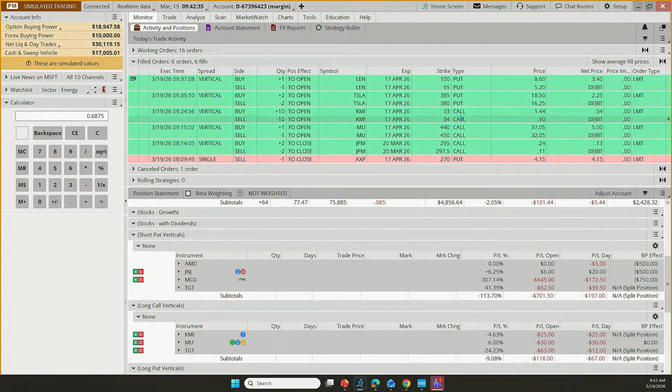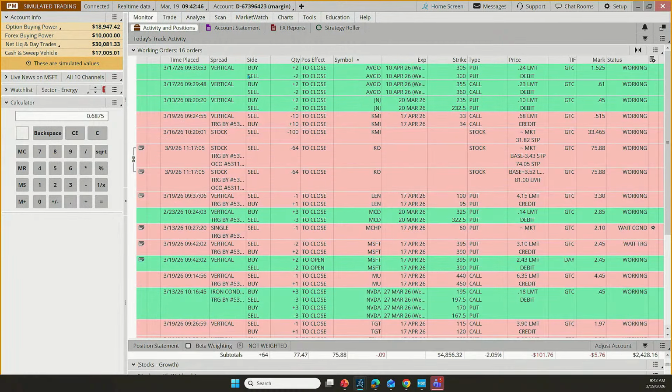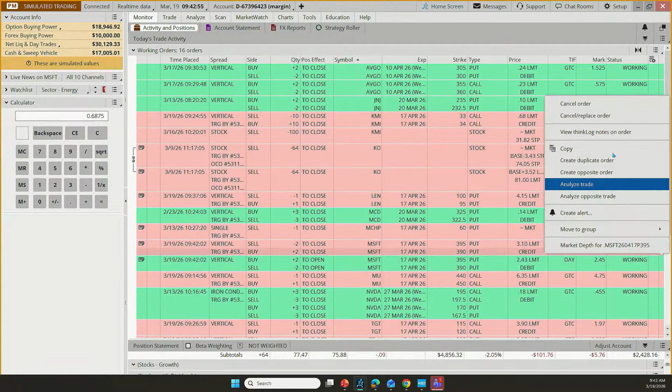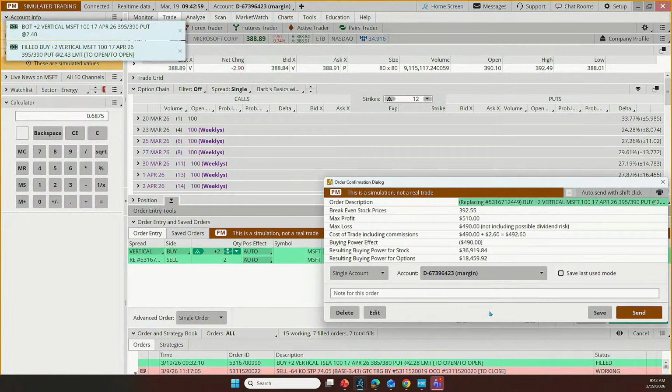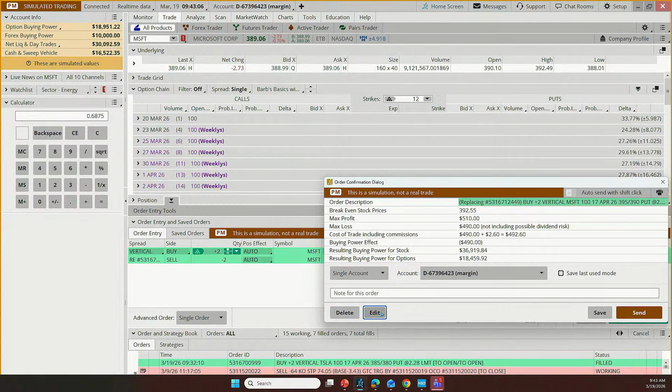So 2 long call verticals on Micron and Kinder Morgan, KMI. And then we did 3 bearish trades, 1 on Tesla, 1 on Lennar, and 1 on Microsoft that hasn't filled yet. And now it's saying they want 245. So we can just come in here, cancel and replace and say, okay, I'll give you 2 more pennies. Oh, there we go. It got filled.